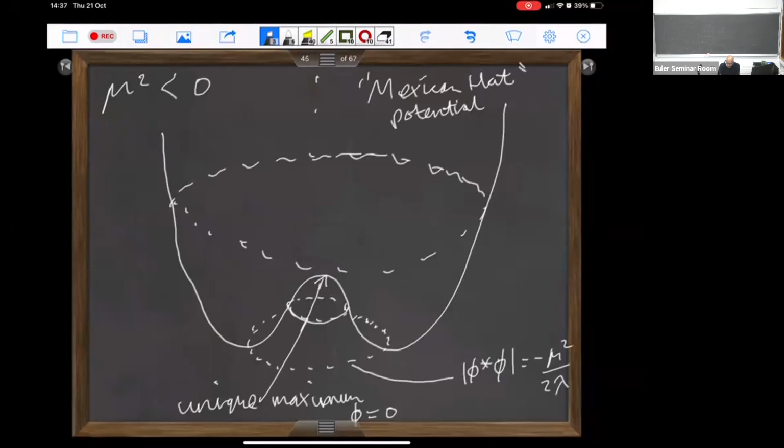So I've tried to sketch what the potential looks like. Actually, this sketch is probably better than the previous sketch from an artistic point of view. This potential is sometimes called a Mexican hat potential.